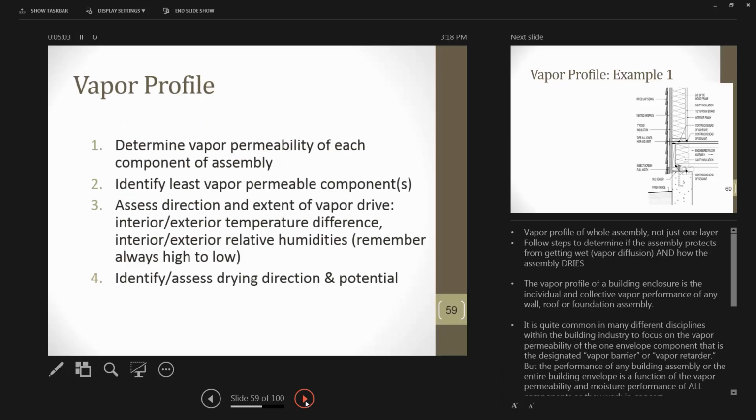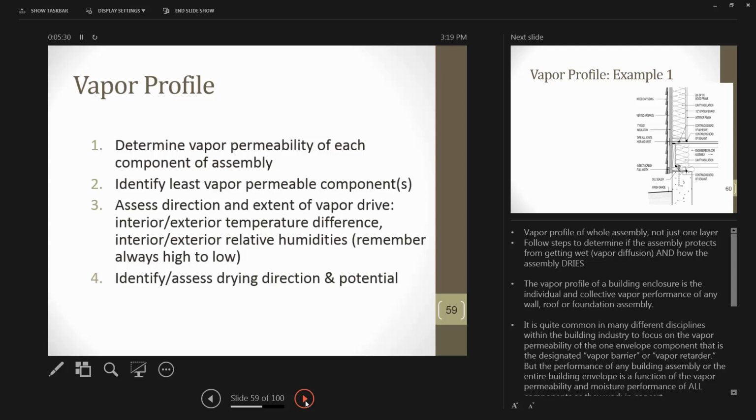So we've kind of discussed on several occasions the importance of making sure that we can control that moisture vapor, and we have to be able to look at this in our assemblies. So in order to do it, the basic steps are looking at the permeability of each component, and I've got a couple little assemblies in here we'll look at, and then identifying the least vapor permeable component.